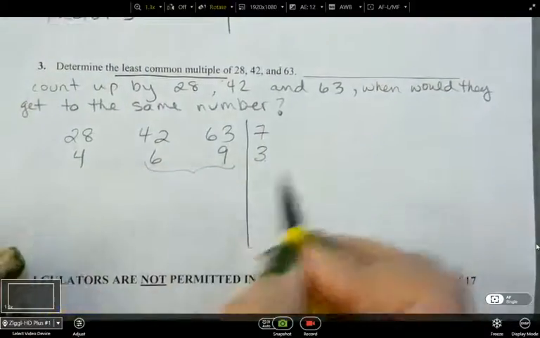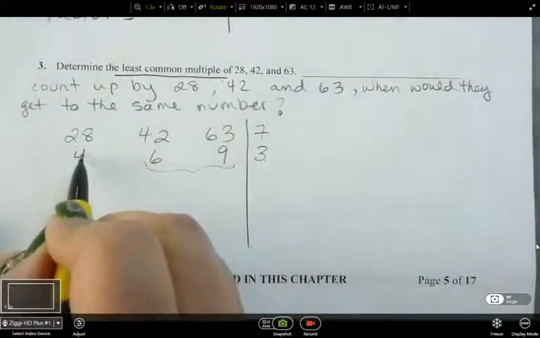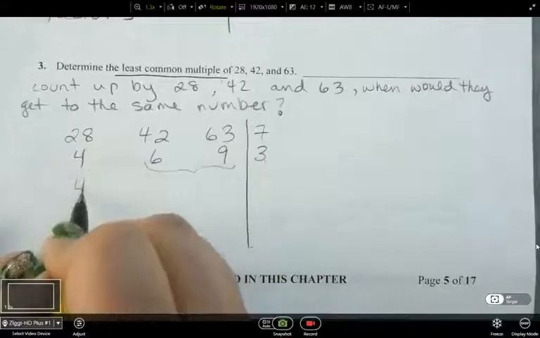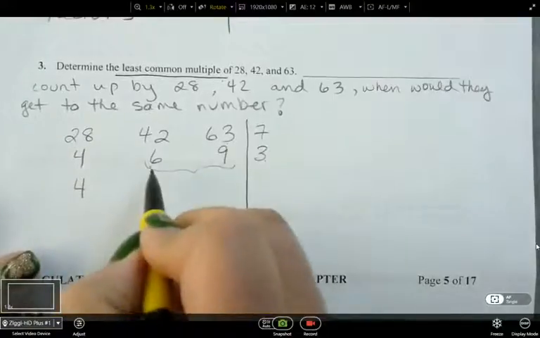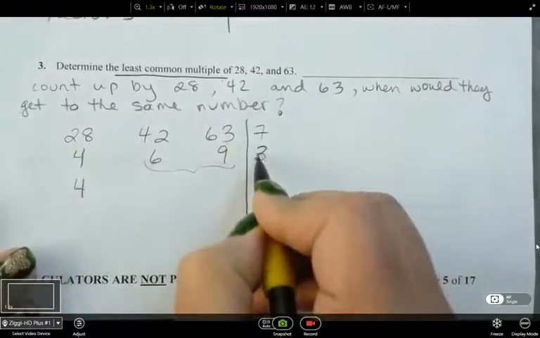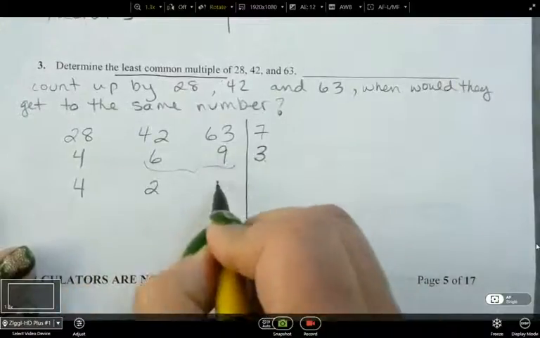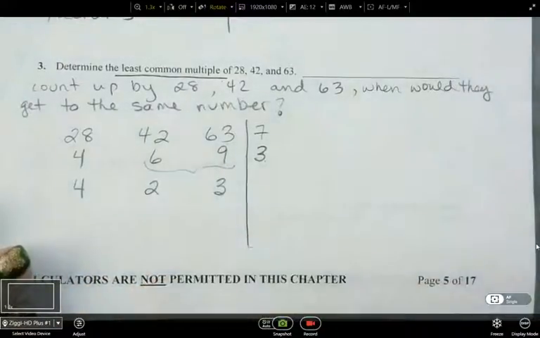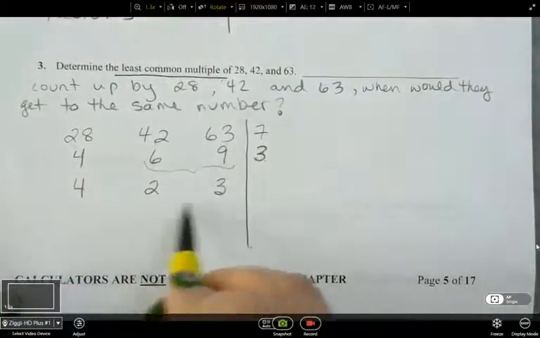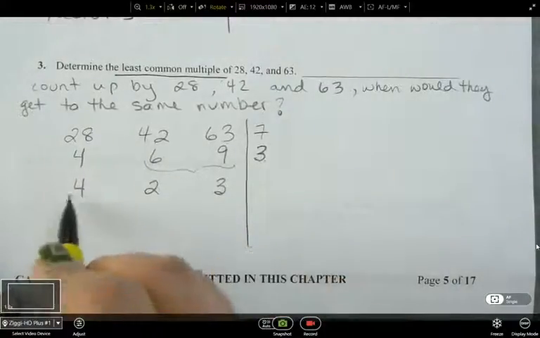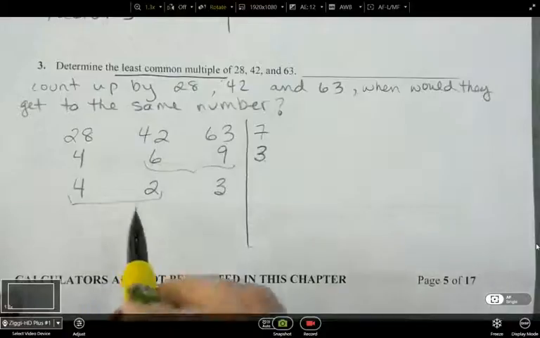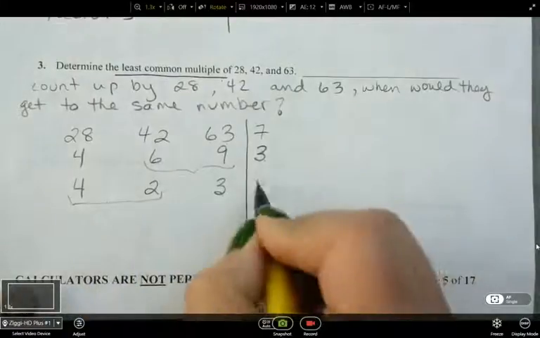All right, so now I didn't do anything to this 4, right? So I'm just going to write it down again. And then 6 divided by 3 is? And then 9 divided by 3 is? Okay. Now, these two no longer have anything in common, but these two do. What's in common here? 2.